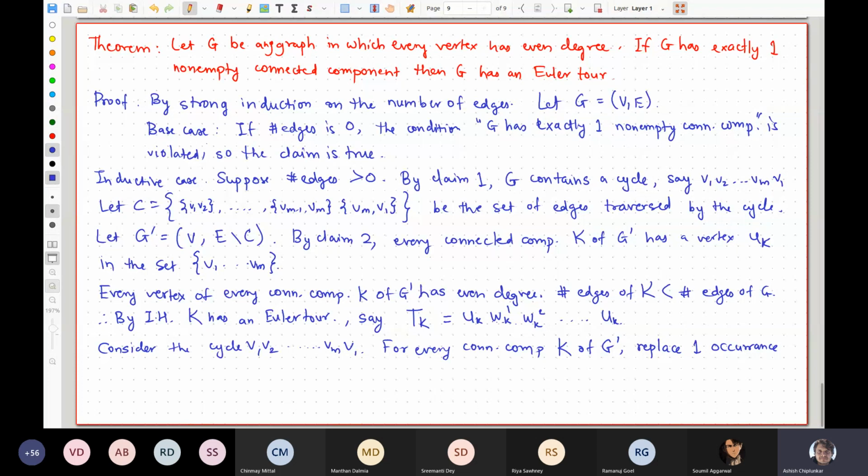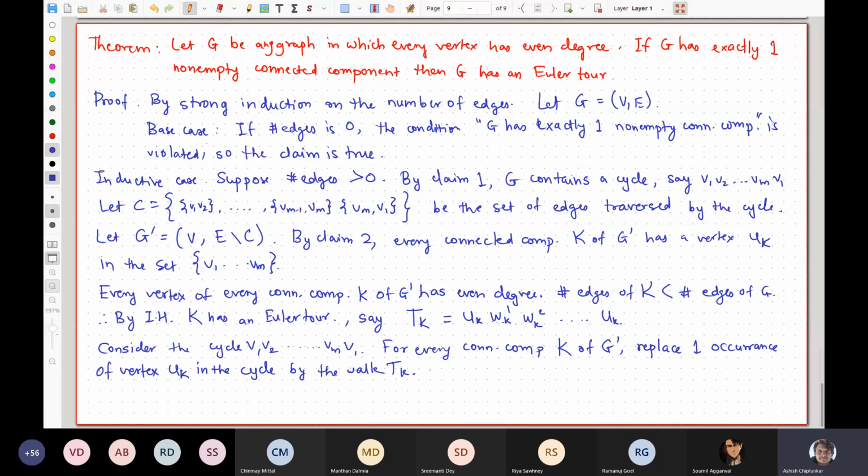There is exactly one occurrence of UK except for the first and the last vertex, so let me write it this way: replace one occurrence of vertex UK in the cycle by the walk TK.